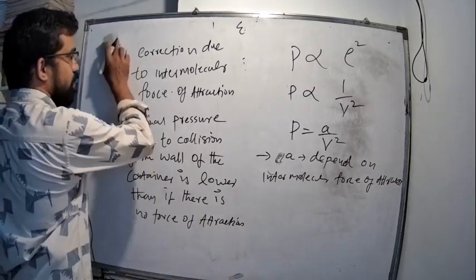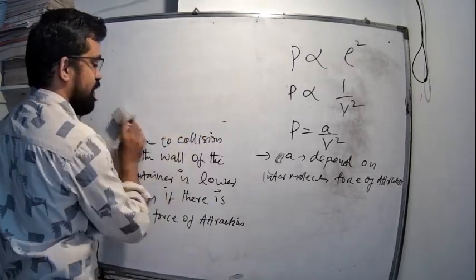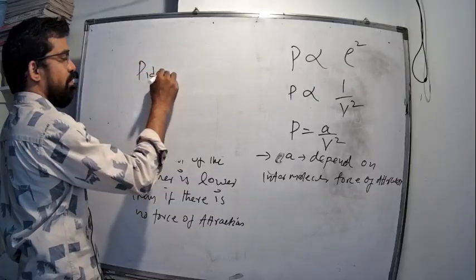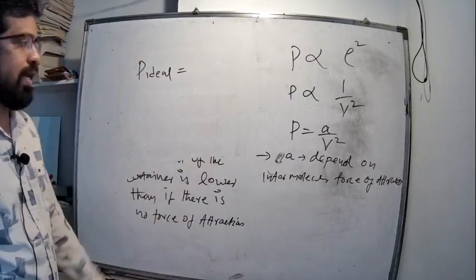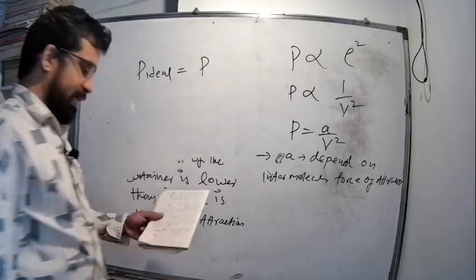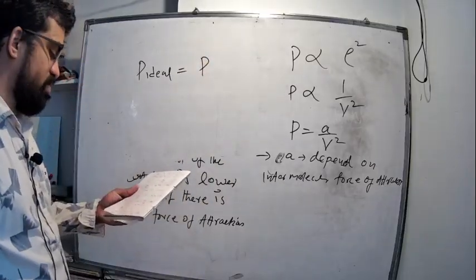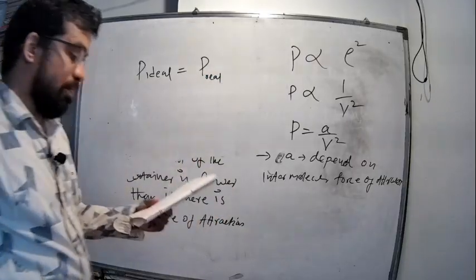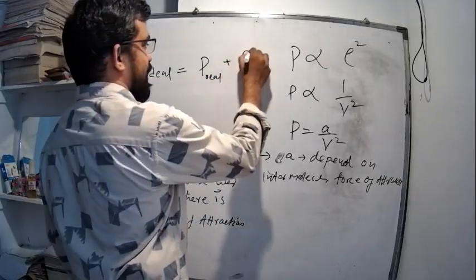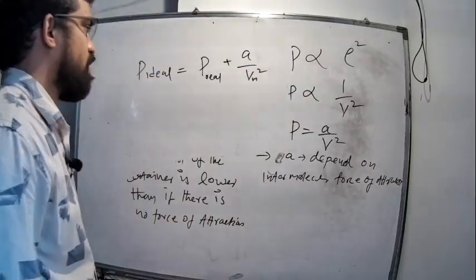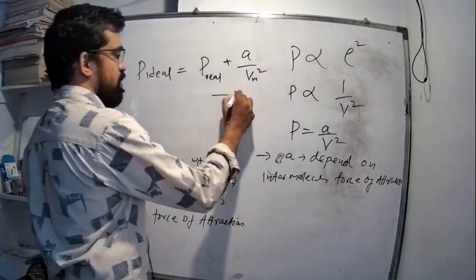That is, the P ideal in the ideal gas equation should be the P real, the experienced pressure, plus A by Vm square.